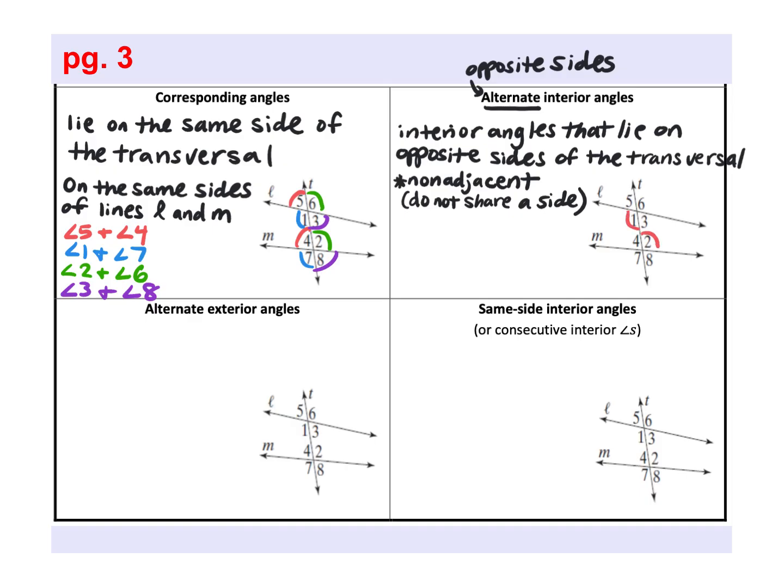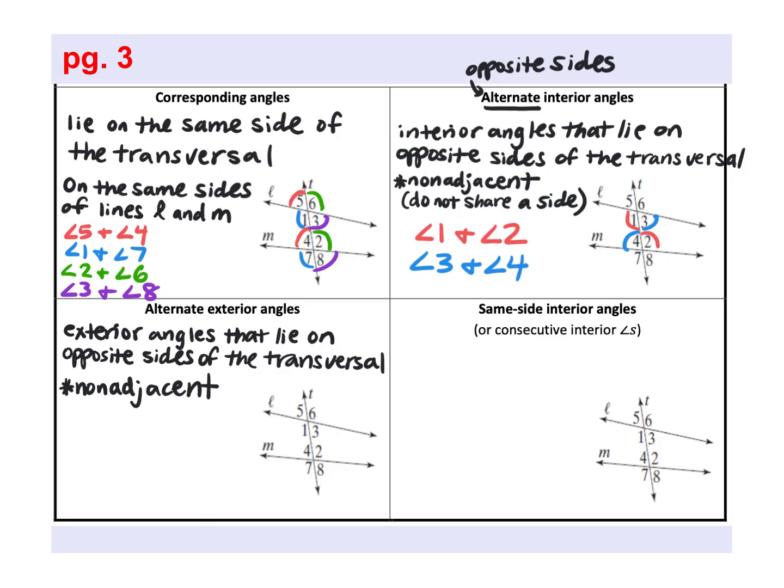So that would be like angle 1 and angle 2. And angle 3 and angle 4 are the second pair of alternate interior angles. You can't do like 1 and 3 because those are adjacent, they share a side. Plus, we already know that angle 1 and angle 3, when they're next to each other and forming a line, that's actually a linear pair.